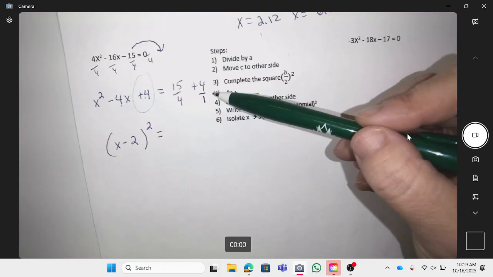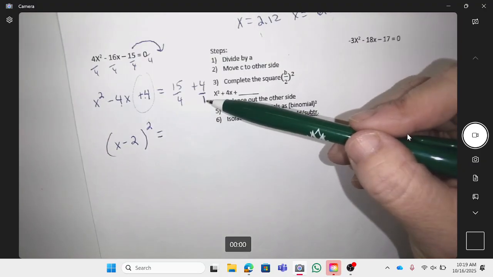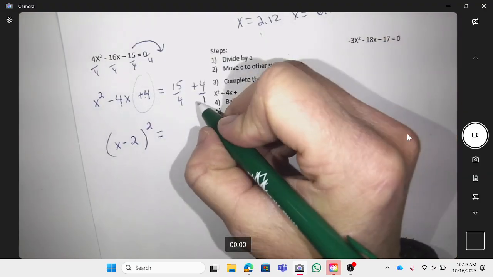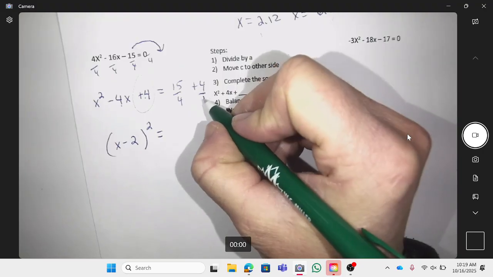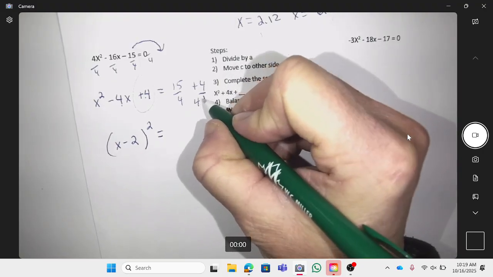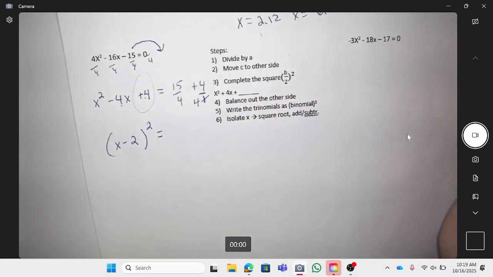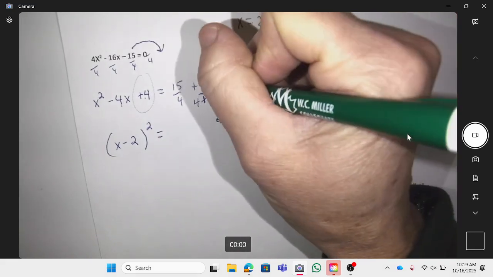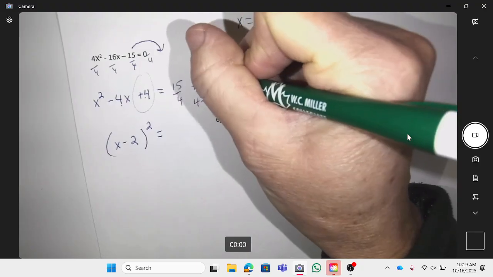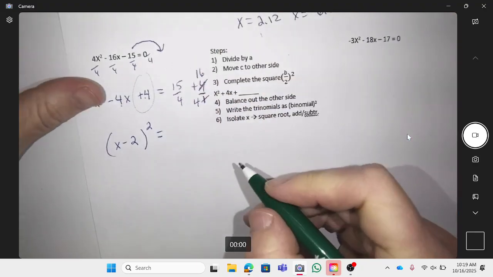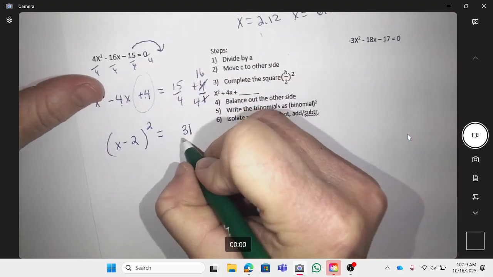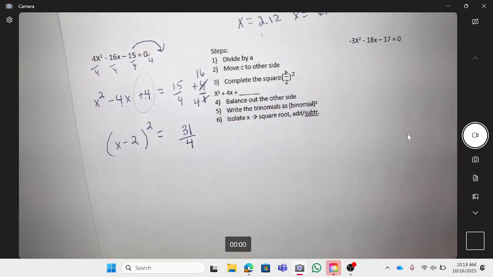What's the concept behind adding fractions? Common denominator, right? Would you be okay if I had to turn this bottom into a 4? So I'm going to turn it into a 4 by multiplying by 4. So therefore the top would turn into a 16, which would make 31 out of 4.